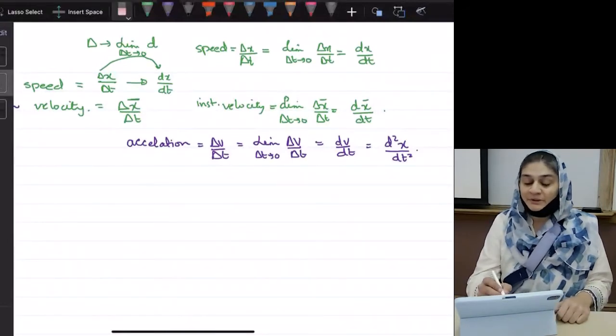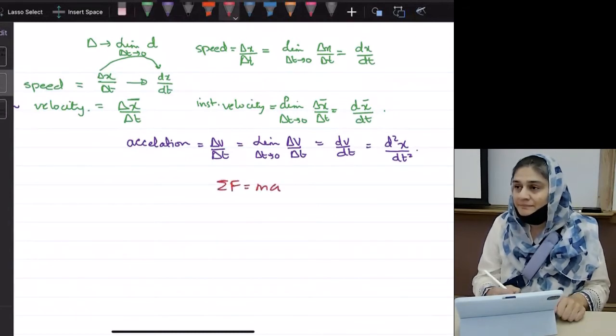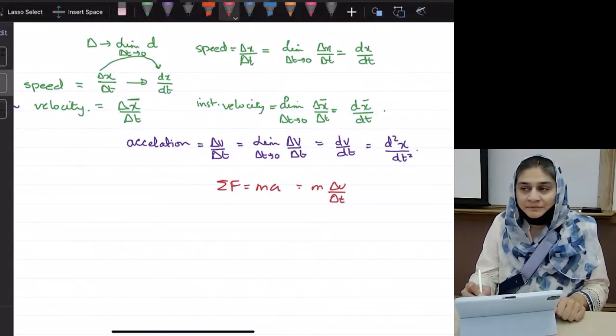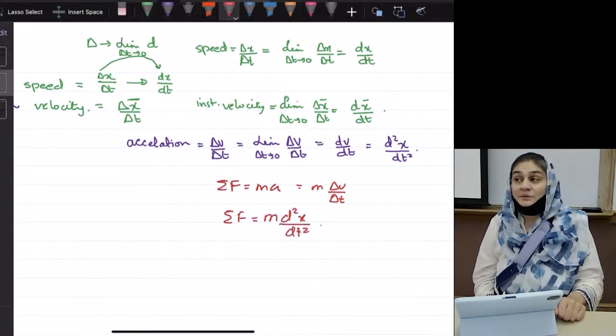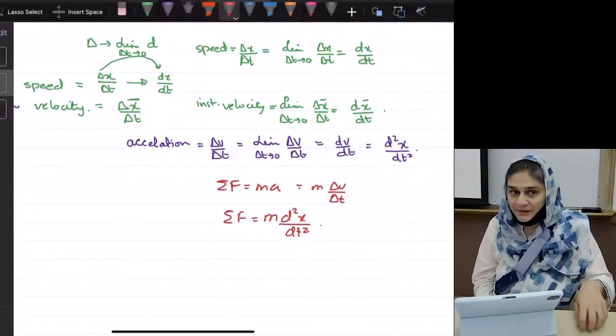Before we go on, sigma F is what? ma. We usually write m delta v over delta t. However, in this class, sigma F will be written as m d squared x over dt squared, which will take our force, that is Newton's second law, everybody remembers Newton's second law, right?